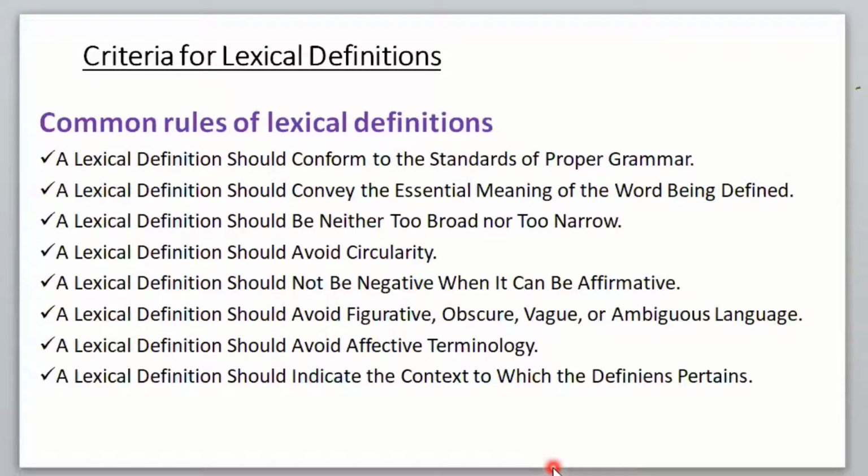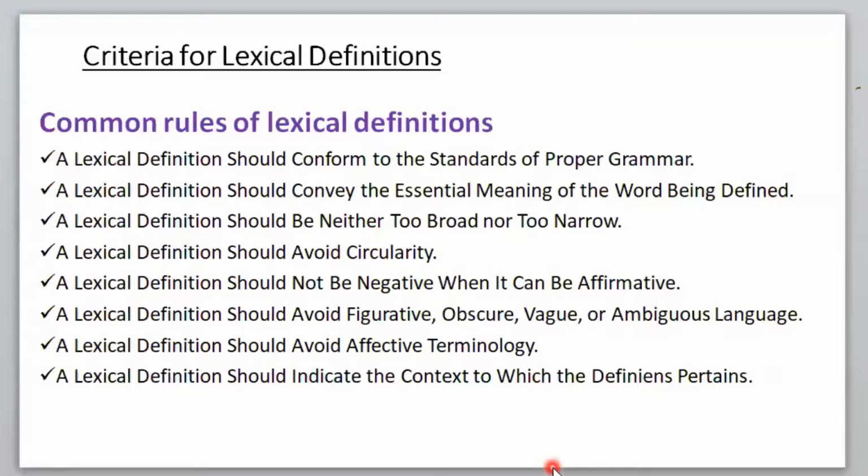So it is better to look in detail at the lexical definition. Now let's look at the common rules or principles that lexical definition uses. Some of these rules apply even to other types of definition, but we'll see them in line with only the lexical definition.